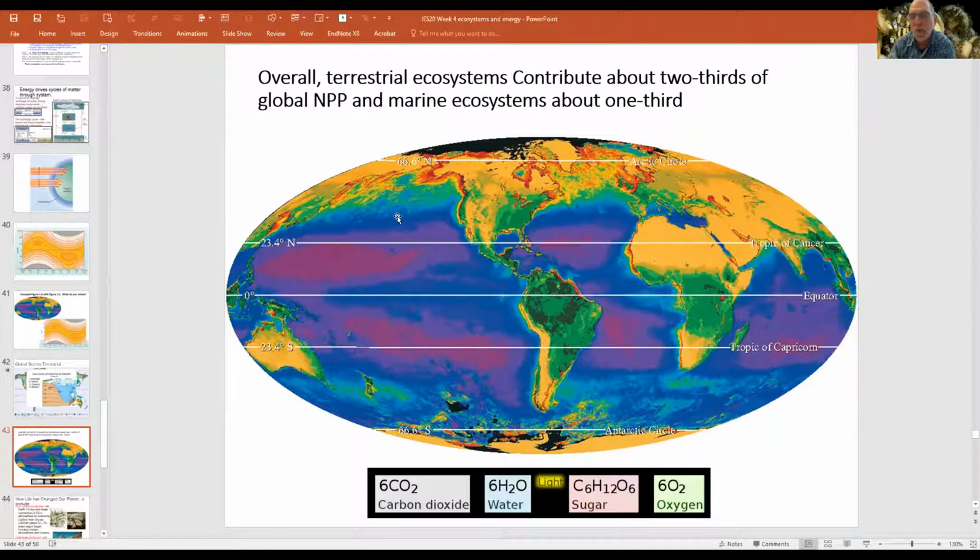Well, there's about twice as much or 3 times as much ocean area on the planet as there is land area. So although the net primary productivity from terrestrial ecosystems is higher per unit area, because there's such a larger area of ocean, the two of them are about equivalent in terms of oxygen production and global primary production.